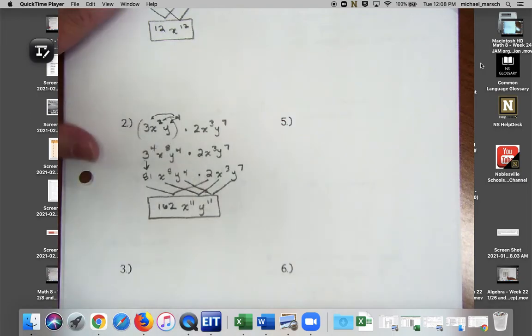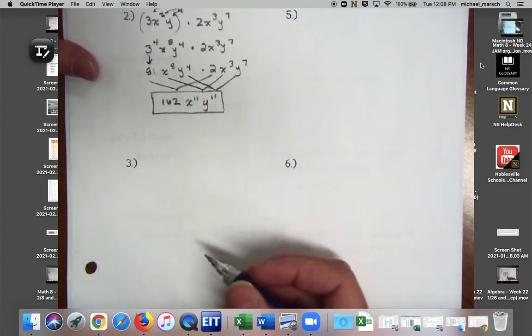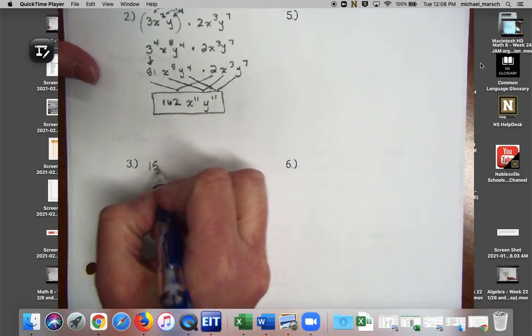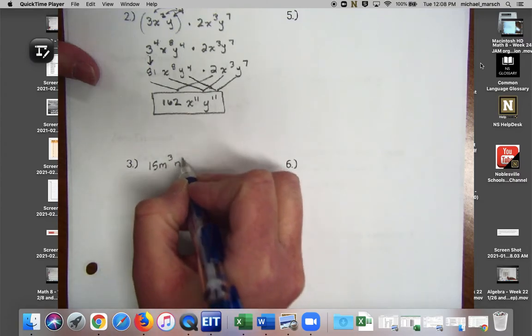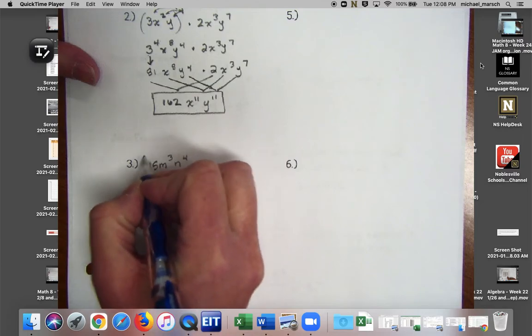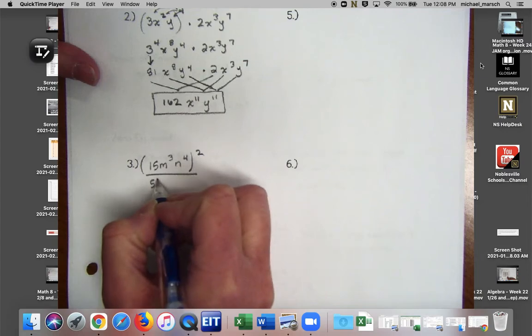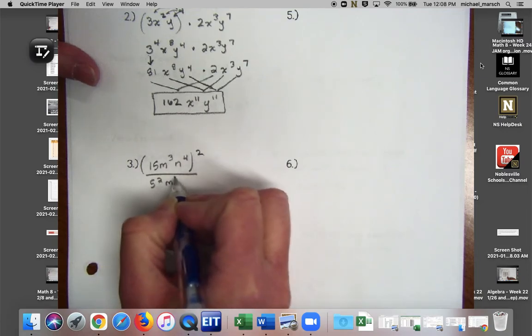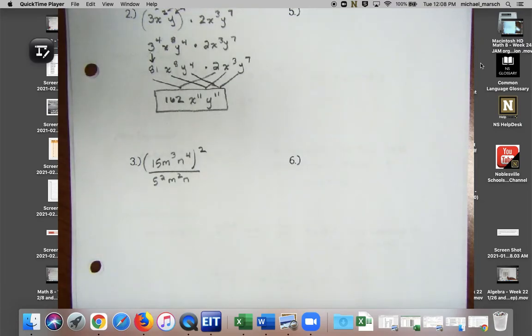Okay. All right, let's go ahead and try extreme exponent number 3. We have 15 m to the third n to the fourth, all raised to the second power, divided by 5 squared m squared n.